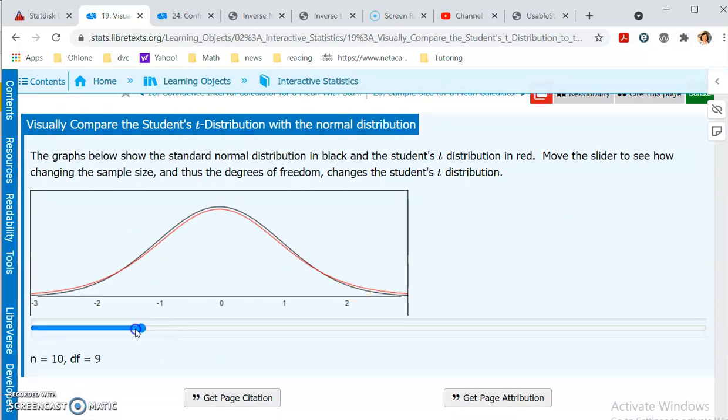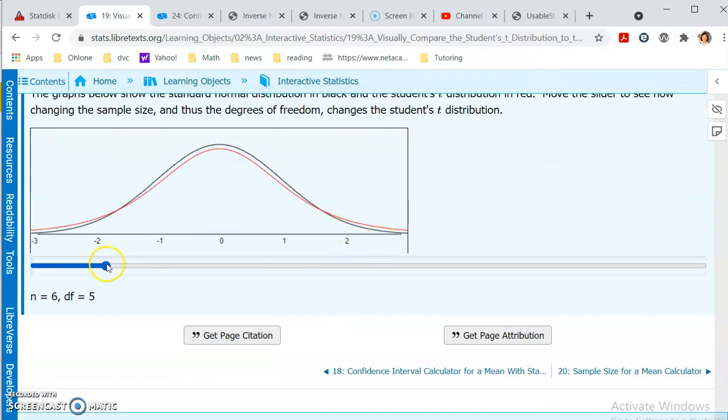So here, if you have a sample size of 6, the red line is the T distribution. You see how it is higher at the two ends. The black gray line is the Z distribution. Okay, so Z has less error at the ends, less variable at the ends. But if you move your cursor to close to 20 or so, then you pretty much have the same area as Z. So they become more or less the same when the sample size is large.